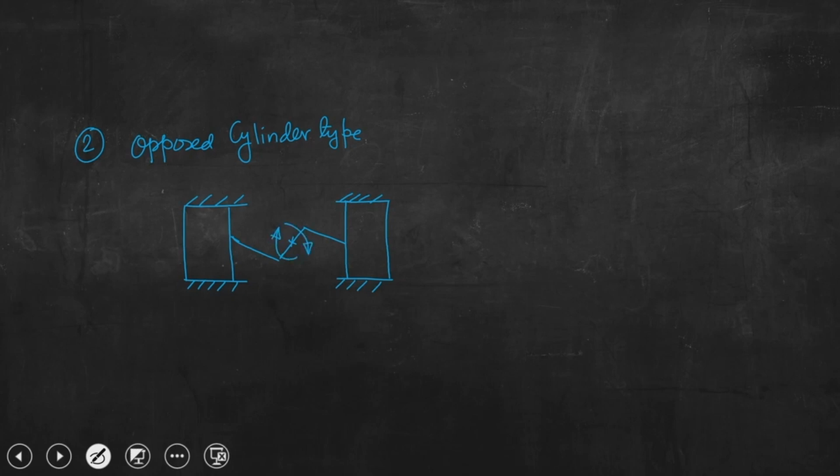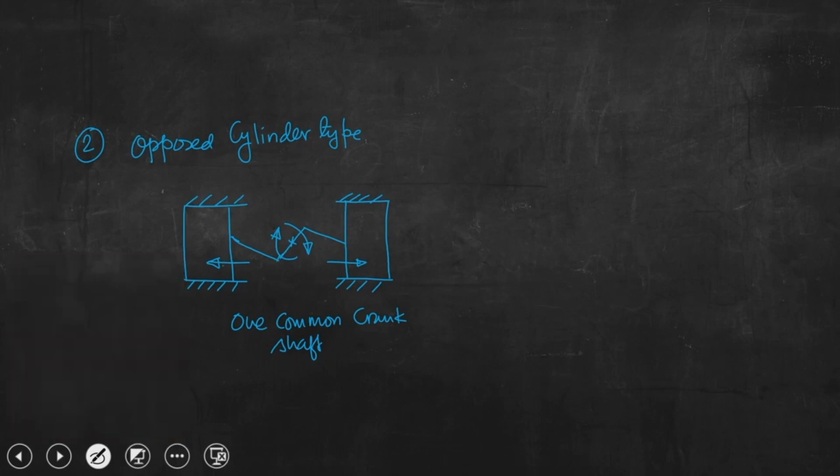So, this is opposed cylinder type, that means these 2 cylinders are opposing each other, and you can see there is one common crankshaft. So, there is one common crankshaft, and this is opposed cylinder type.